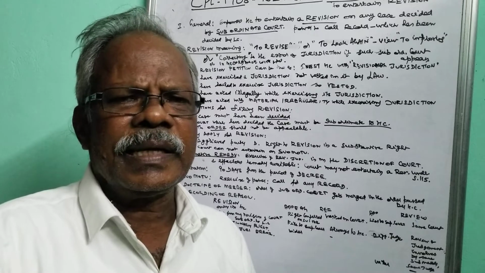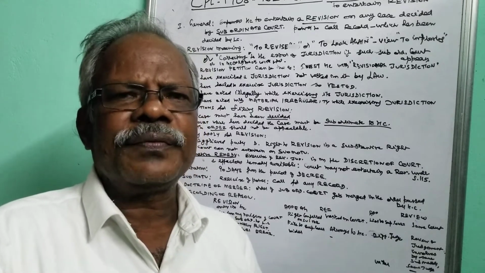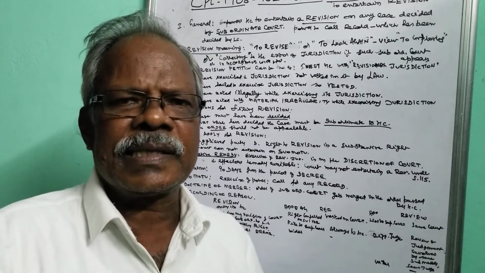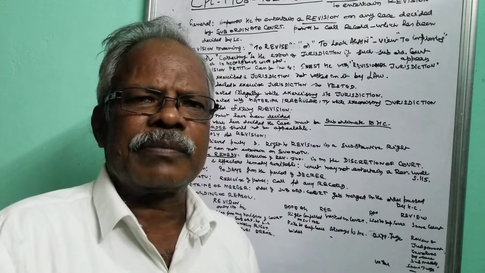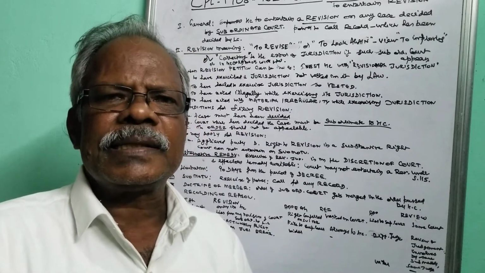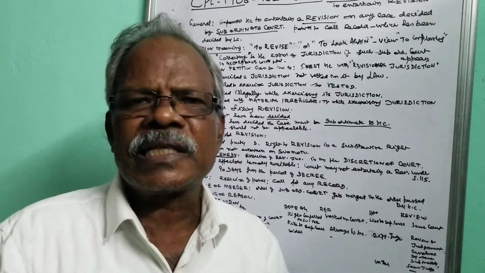So the High Court can exercise the revision of the decision of subordinate courts where the decision taken by the subordinate court is found to be erroneous or not in accordance with the law or in capricious manner.